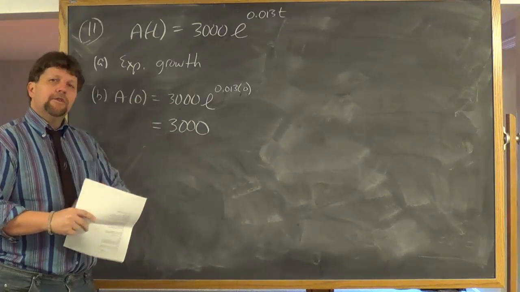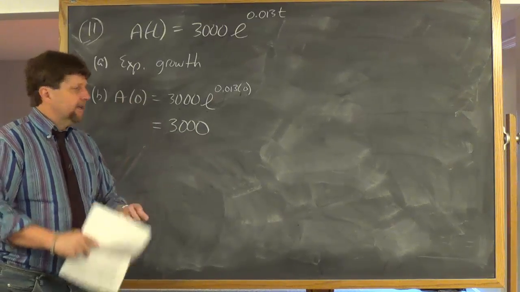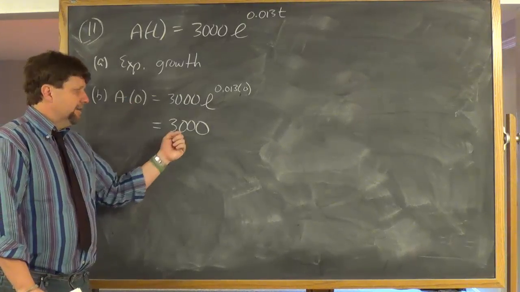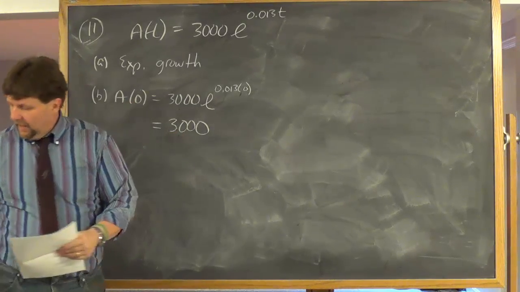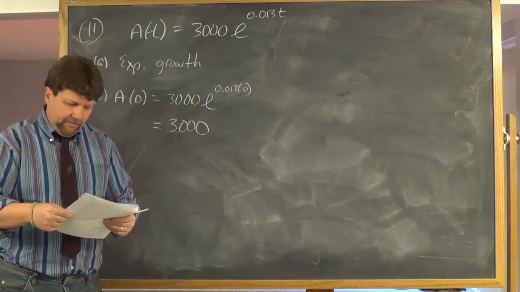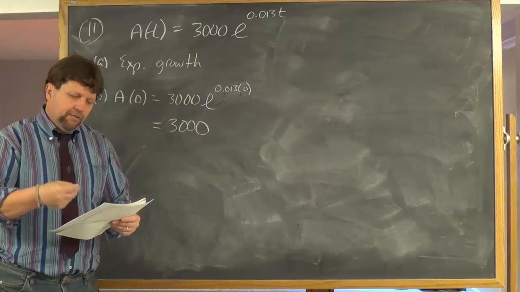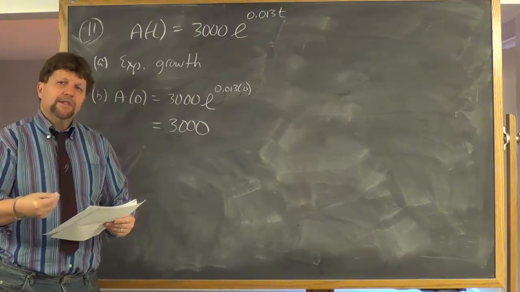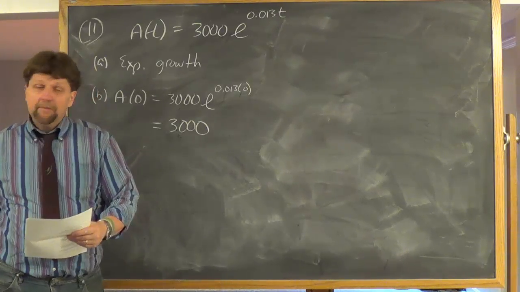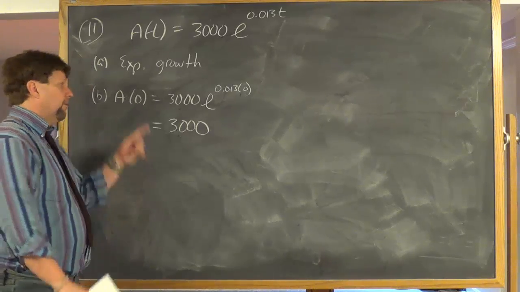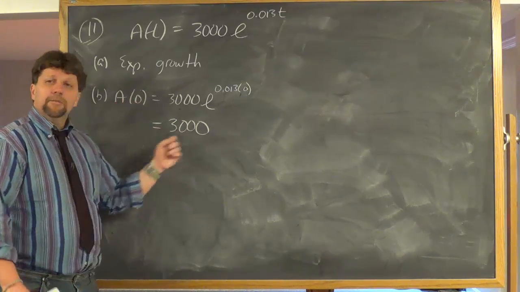A of 0 gives you the amount that was initially deposited. What was initially deposited? $3,000. And intuitively that should make sense because the problem starts off by saying an investor puts $3,000 into a savings account. So if they put $3,000 into the savings account, we better get A of 0 to be 3,000.